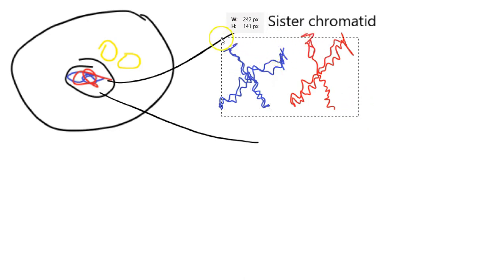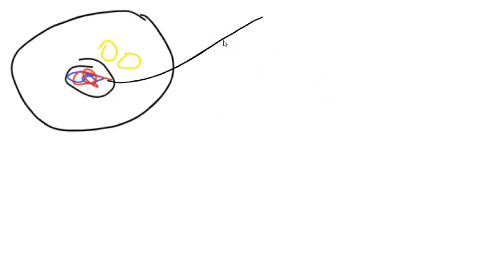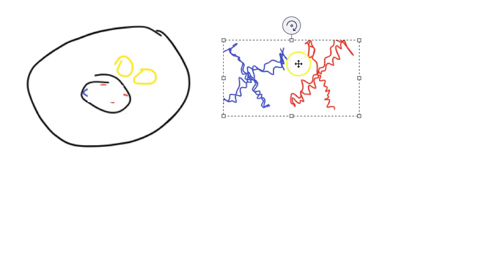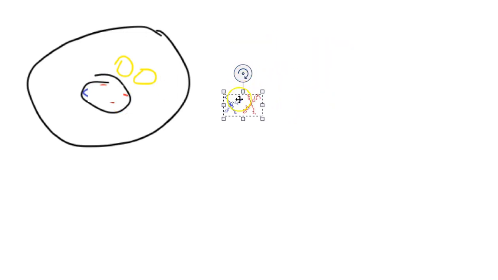All right, so what I'll do is grab these guys, get rid of this stuff, and just cheesily fit them into our nucleus. So during prophase, these chromosomes are condensing to look like the X's that you expect them to look like.